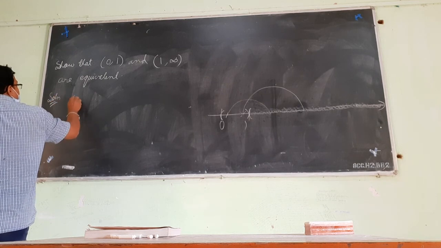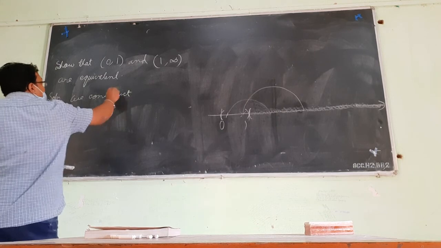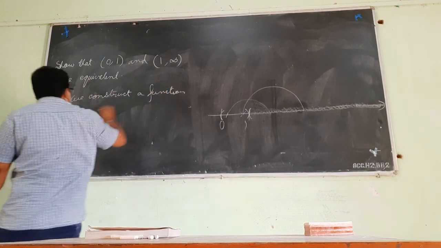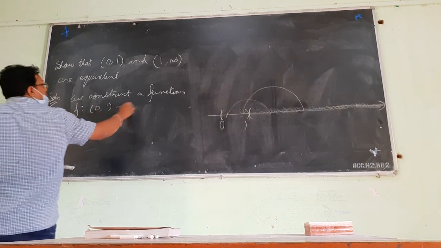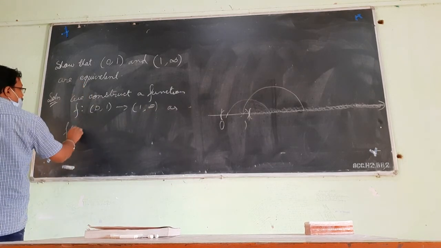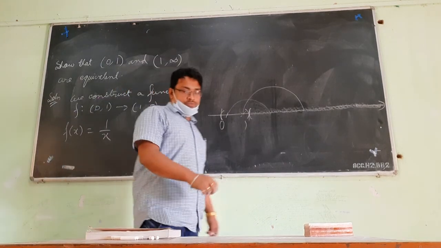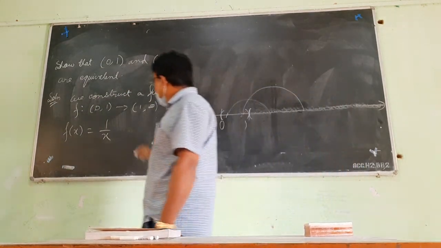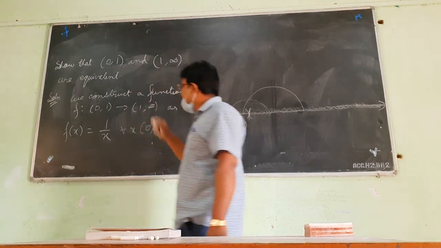We construct a function, say f from (0, 1) to (1, infinity), as f of x equals 1 by x, for all x inside (0, 1). Then this function is actually a bijection.